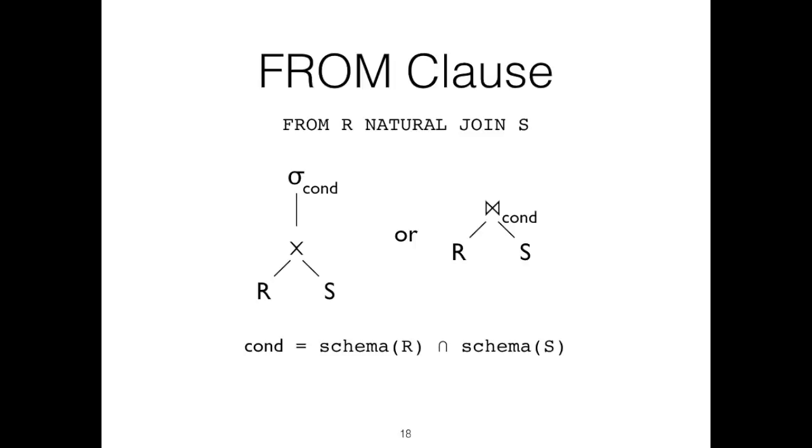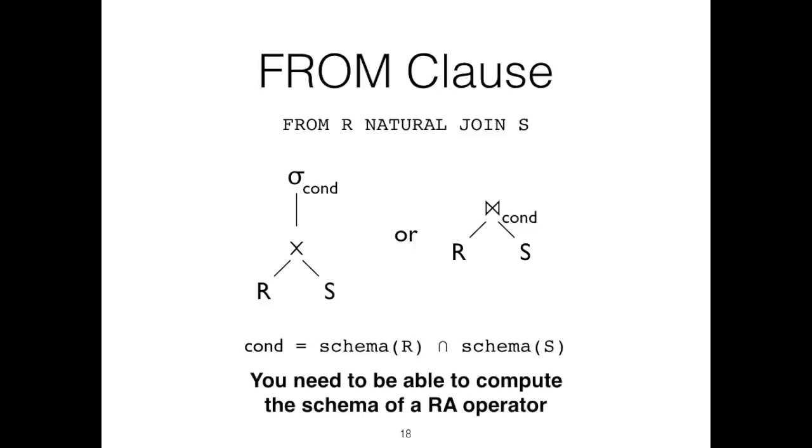When those are base relations, that's easy, but when they're nested queries, that gets a little bit more tricky. So in the reference implementation, there's a facility for taking an arbitrary query and computing its schema. And if you have that, this pretty much follows. This is 10 lines of code at most.